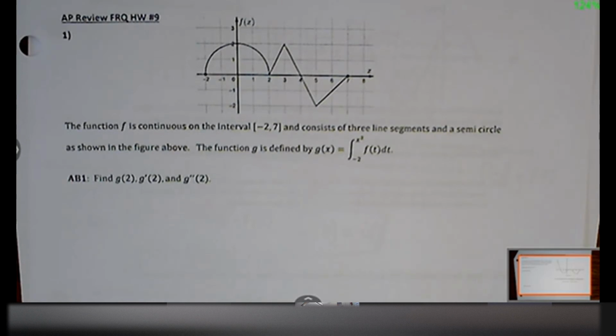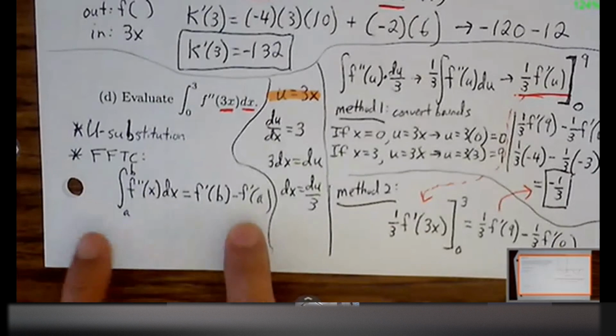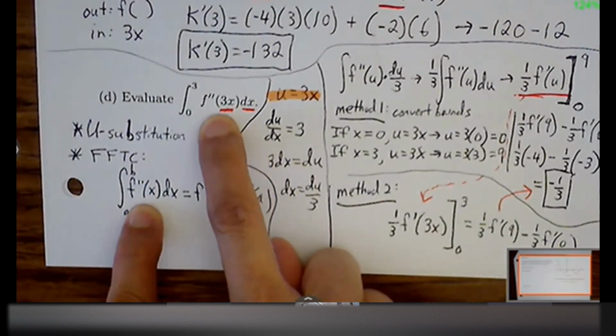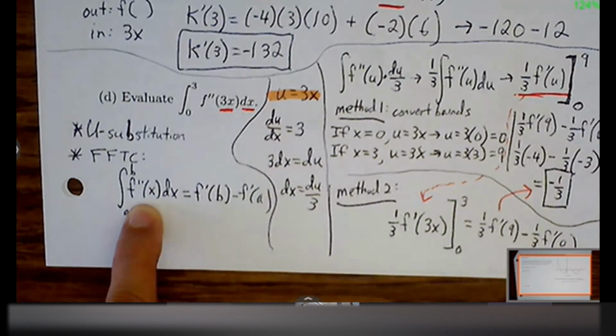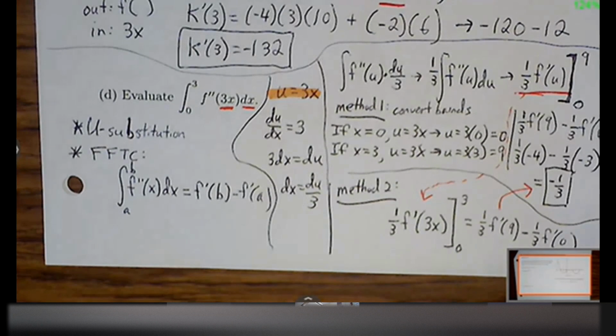Okay, Paul is asking, how did you get from f double prime to f prime? Let me go back to that. The reason that we can get from f double prime to f prime is because we're making it go through the antiderivative. That goes along with the first theorem, which tells us that if your derivative takes you from f prime to f double prime, then your antiderivative will bring you up the chain.